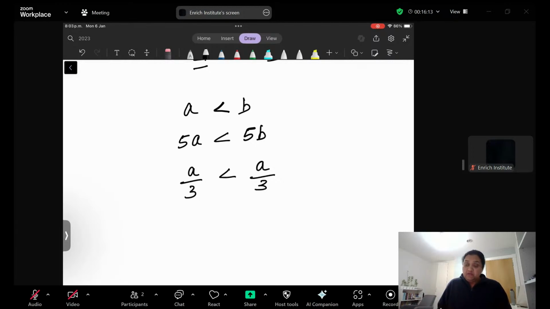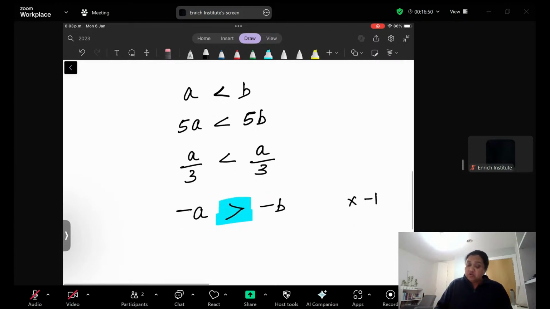But if you are multiplying by minus 1, then minus a becomes minus b, but the inequality sign will be reversed. This is very important, because when you are solving inequalities, you will have to multiply by certain things, and at that time you should reverse the inequality. We will have some questions on this.